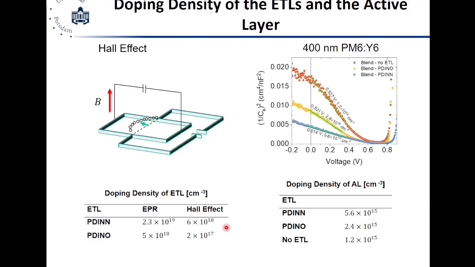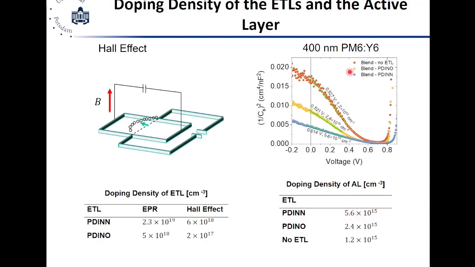Since there are so many mobile electrons in these layers, a question arose: does this affect the doping density of the active layer? For that, we made capacitance voltage measurements and did Mott-Schottky analysis on 400 nanometer active layer thickness devices. Indeed, PDNN showed a higher doping density.